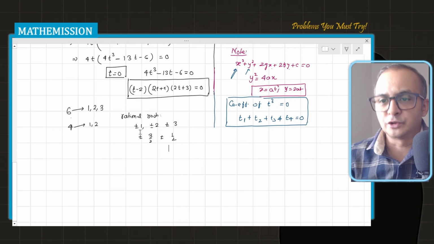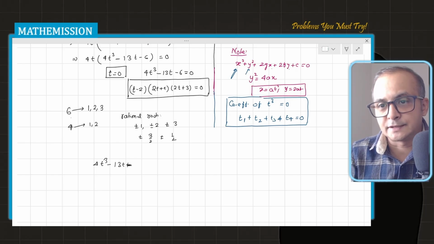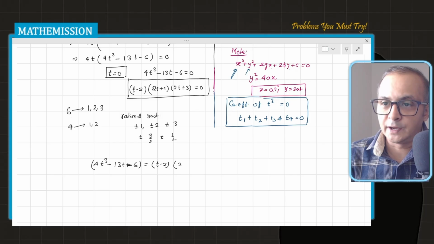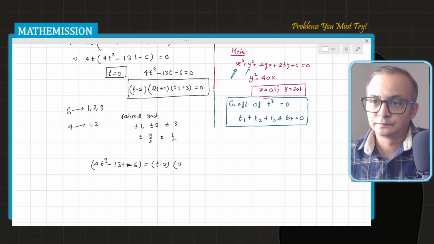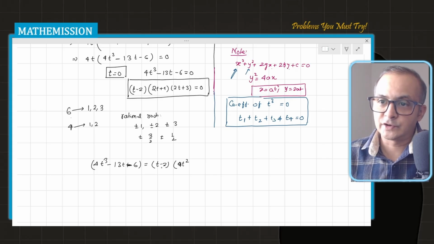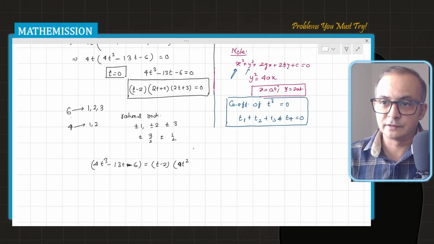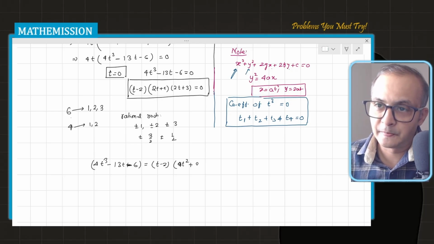And let me just give you, minus 13. You know that t minus 2 is one of the factors. I need 4t cube, so I will multiply with 4t square, and I have an extra 8t square. I don't need a square term there, so I have to compensate for it by multiplying with 8t.